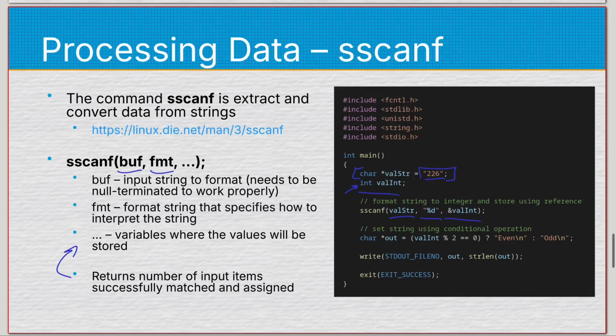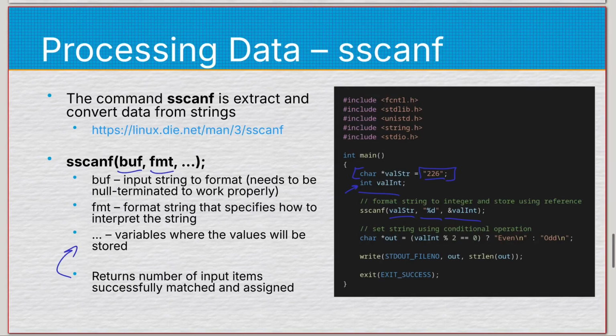Now, we set the string using a conditional operation. This is just what I'm doing for the actual output. I've already done the conversion process in this one line of scanf here. So when I want to write that back out, you can see that I can actually do math with that value integer now. I have char star out because I just want to print something to the user.